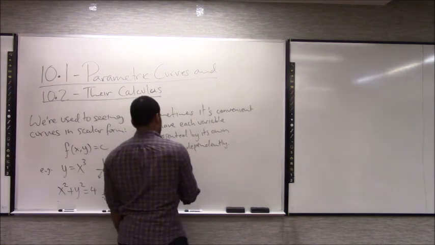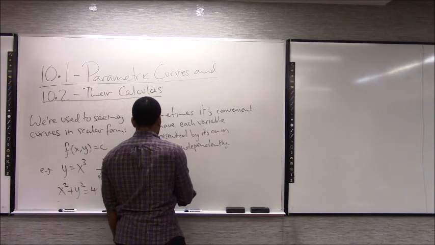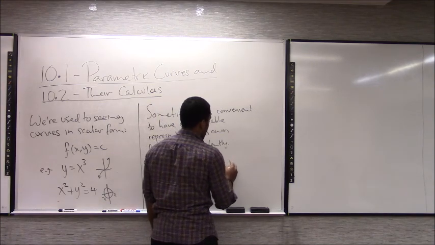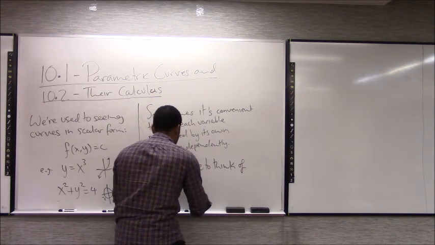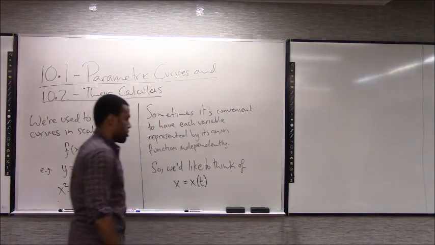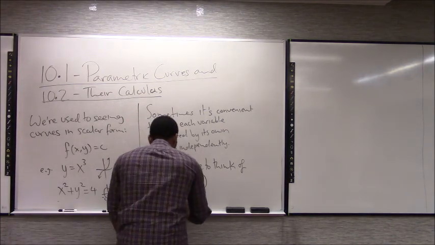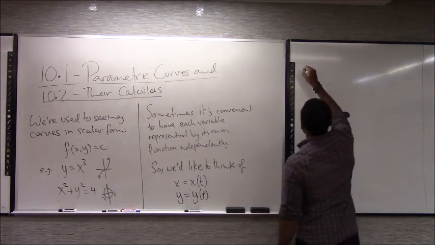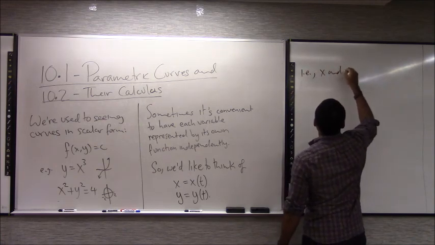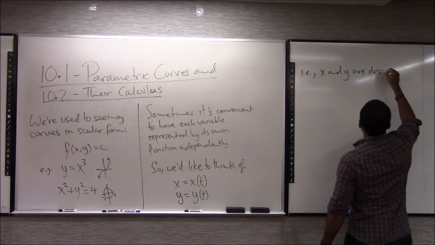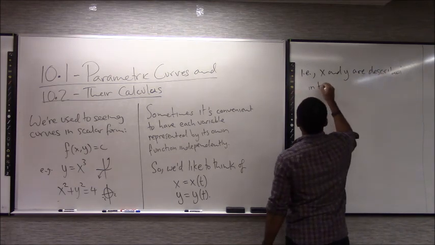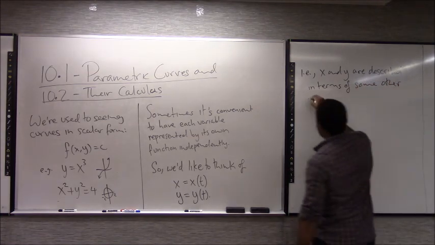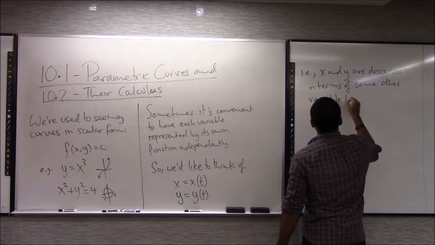So we'd like to think of x as some function of another variable called t, and y as some function of another variable called t, i.e. x and y are described in terms of some other variable t.